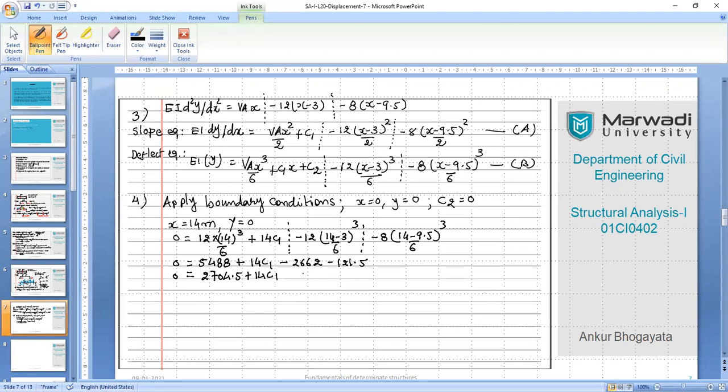And that gives us the C1 value as negative 193.17, or even we can go with 193.18, right? So that is the value we have.